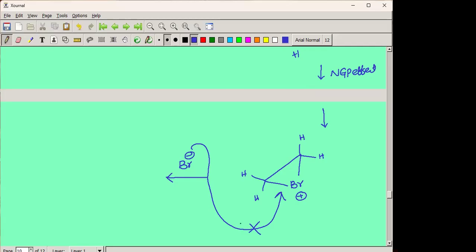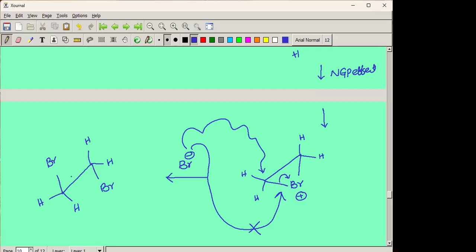The same side attack is not possible, so the bromine approaches from the opposite direction. Once it attacks from the opposite direction, the bond breaks, and we get this product, trans. Bromine anti-addition happens. This is the product formation.